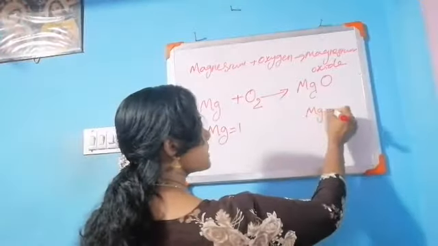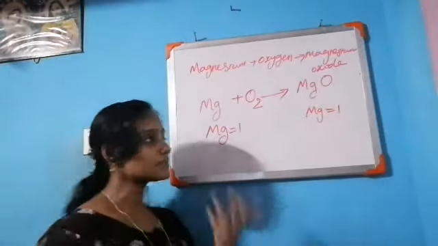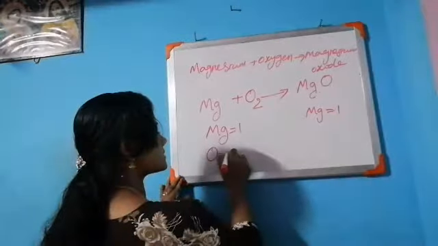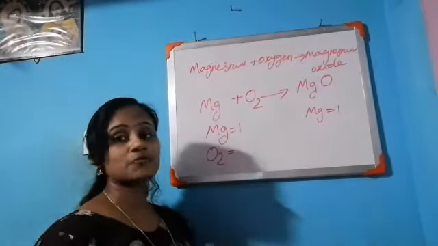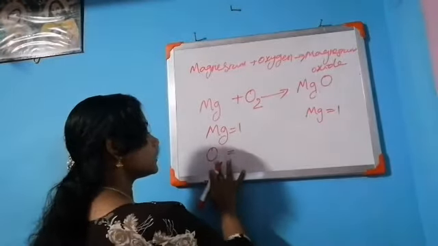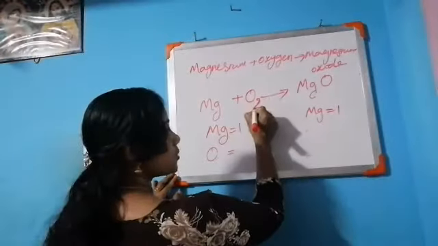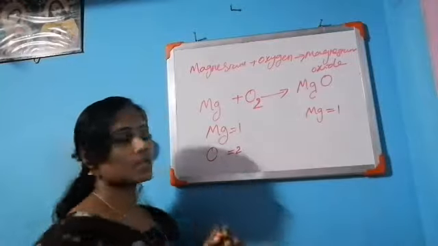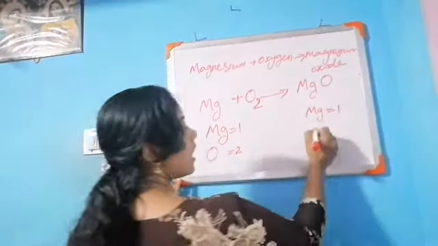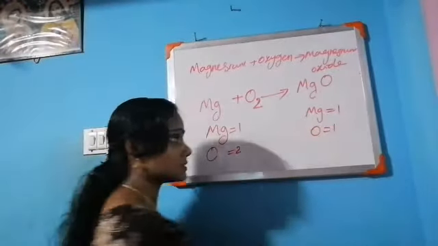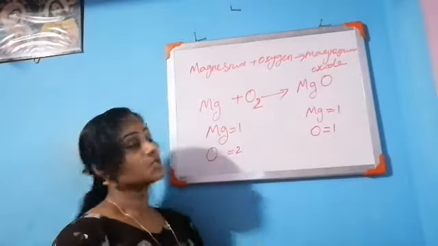So magnesium is equal to 1. Then oxygen: on the reactant side, the number of oxygen is 2. In the product side, how many oxygen? 1. Is it clear?